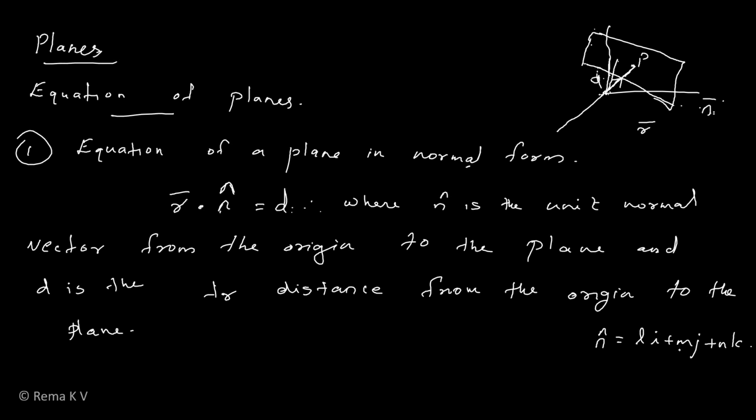The scalar components will be the direction cosines. And R is the position vector of an arbitrary point P on this plane, whose coordinates are taken as x, y, z. So we can write vector R as xi plus yj plus zk.